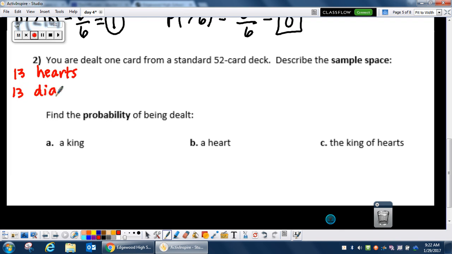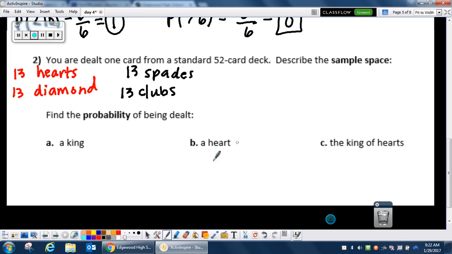So hopefully you realize that you have 26 red cards. And then you have 13 spades, which are black, and 13 clubs or clovers, whatever you like to call them. So you have 26 red and 26 black.